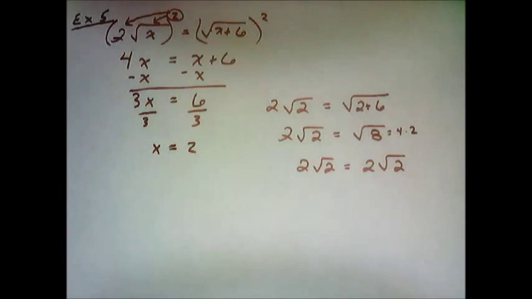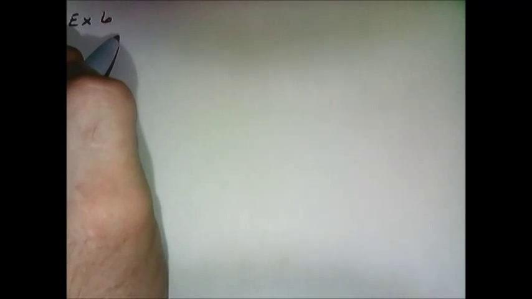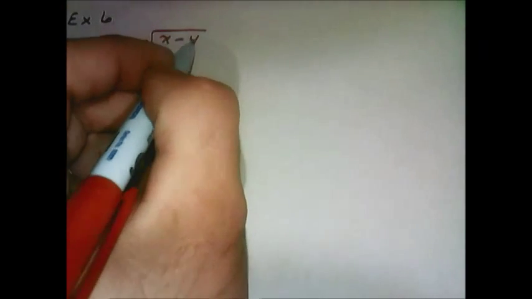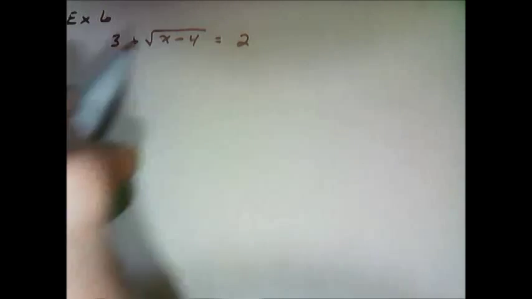I have one last example for us, and that's example 6. Let's say we have 3 plus the square root of x minus 4, and that's going to equal 2.